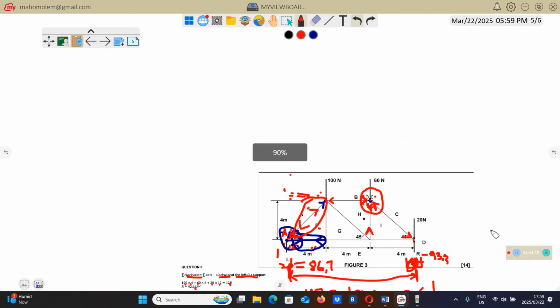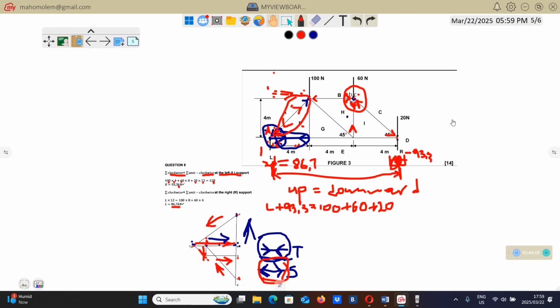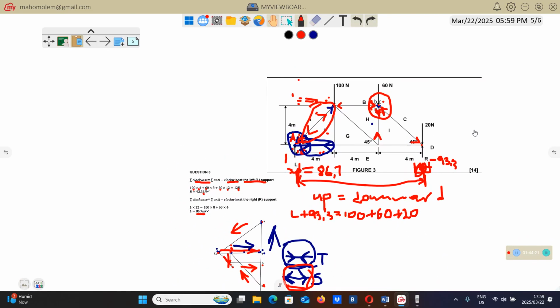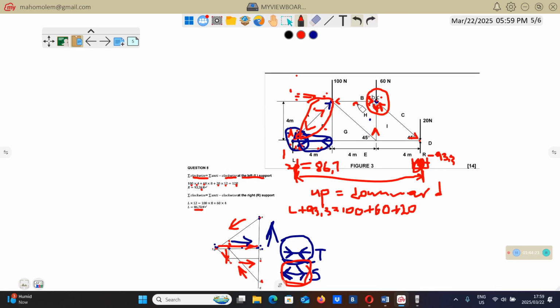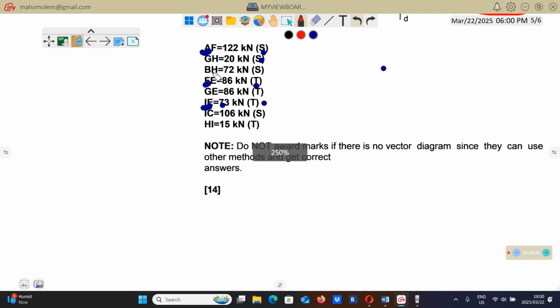So now this member BH, as you can see, the arrows are like this. It means that BH is going to be a strut. BH, strut.